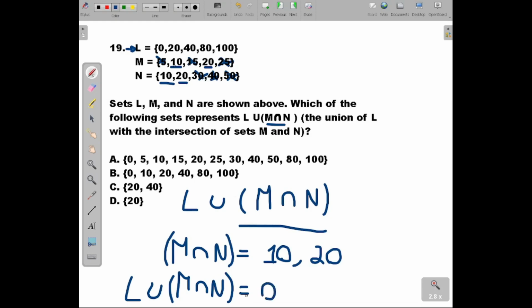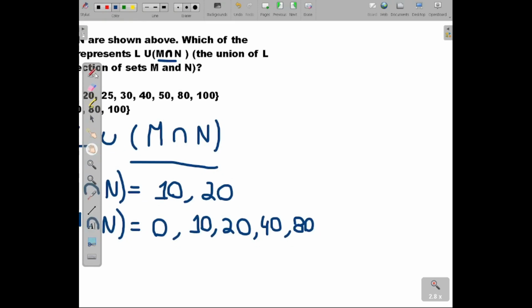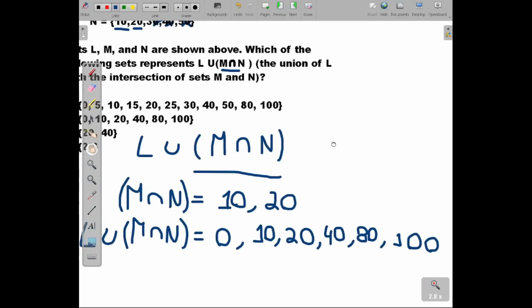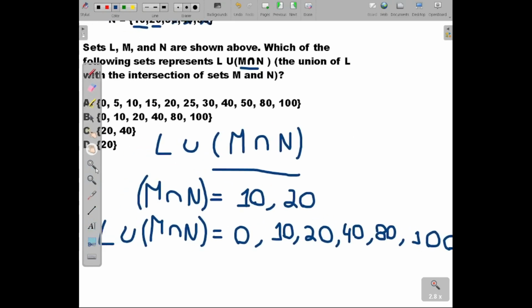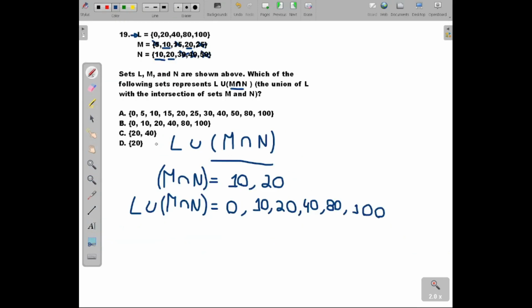So first we have 0, then we have 10, then we have 20, 40, 80, and finally 100. That's it. And as we can see, the right answer is B.